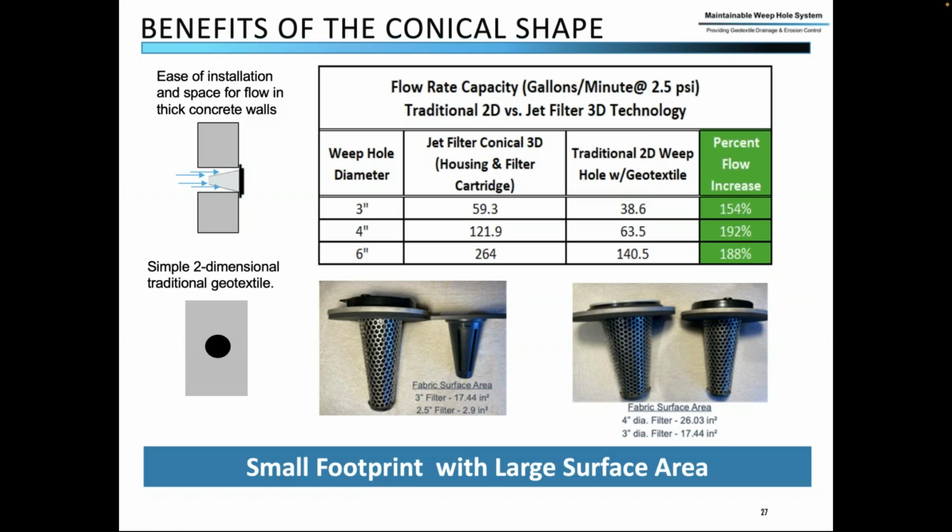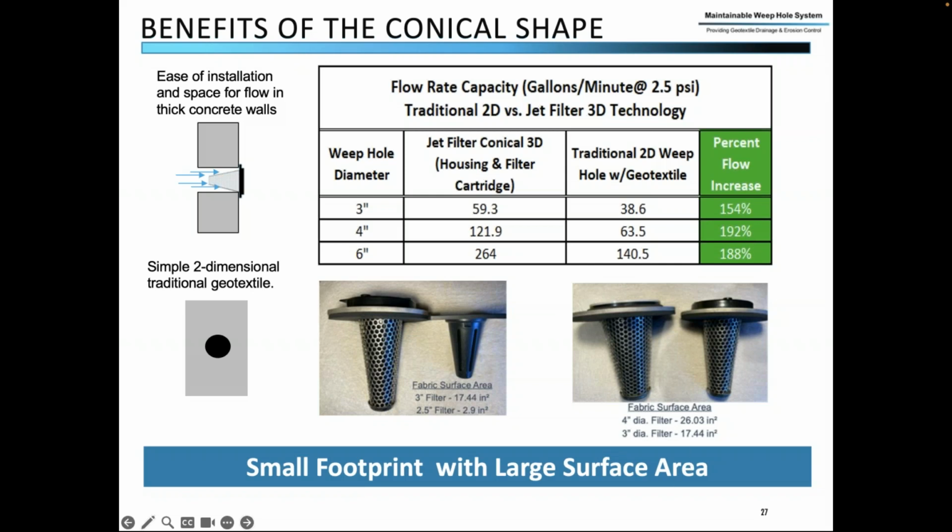If you have a high clay backfill, then the soil side is controlling. But the conical shape demonstrates a significant increase in the amount of water that can get out of a drainage outlet at any time. So in the example of the 4-inch, the conical shape produces 192% greater flow.